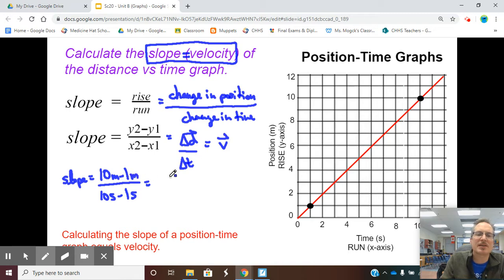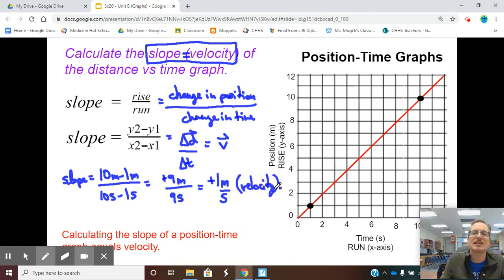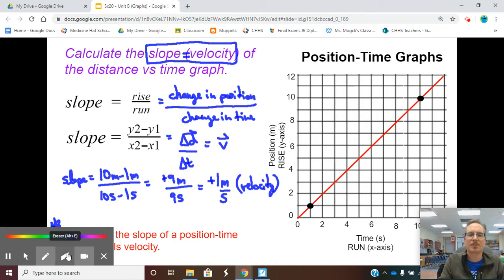So 10 meters minus 1 meter is positive 9 meters. 10 seconds minus 1 second is 9 seconds. Now we take our calculator and go positive 9 divided by 9. My slope is positive 1 meter per second, which is my velocity in this example, because on a position time graph, slope equals velocity. This is a huge rule you need to know.